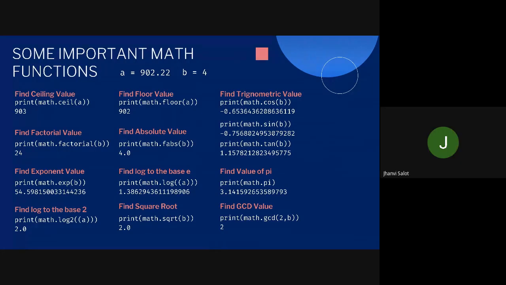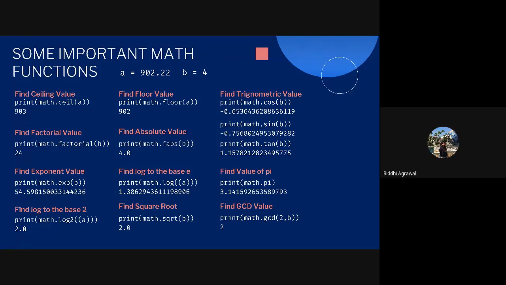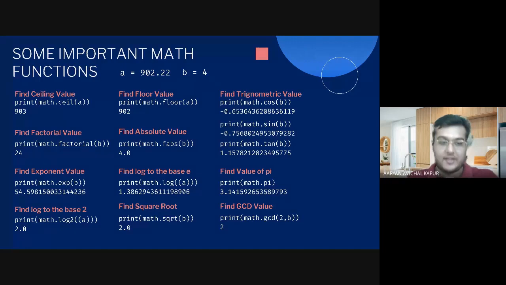No, the complete number without decimal, an integer. 903. Perfect. That is why we have 903. Floor is the exact opposite. It is the number that is just smaller than your decimal. So 902.22 comes to be 902, right?